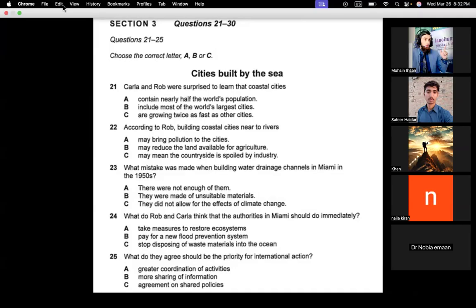First, you have some time to look at questions 21 to 25.